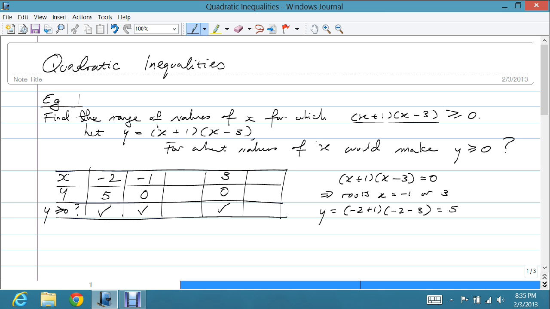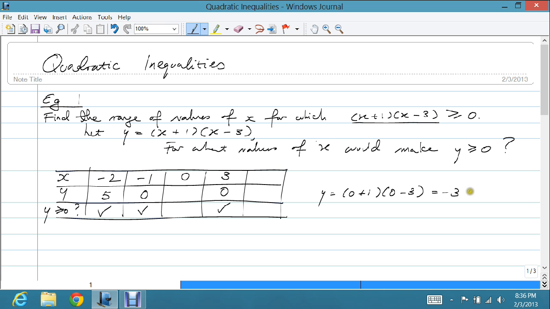Now let's try a value between negative 1 and 3, for example x equals 0. Then y equals (0 plus 1) times (0 minus 3), which gives me negative 3. Negative 3 is less than 0, so it does not satisfy the inequality and we have to rule that out.